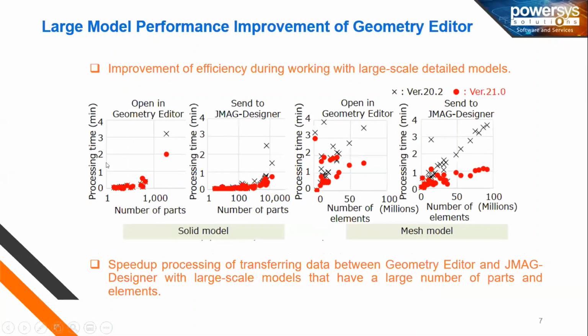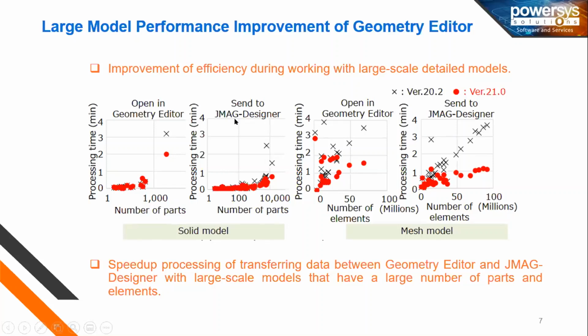And regarding the processing time in the geometry editor, after creating the geometry in the geometry editor, we are going back to the JMAG Designer window. The processing time of version 21 is far lower than that of the existing versions. From the graph, it is very clear that if we are working with the solid model in the geometry editor, the processing time for the existing version is high when compared to the new version which is released now.